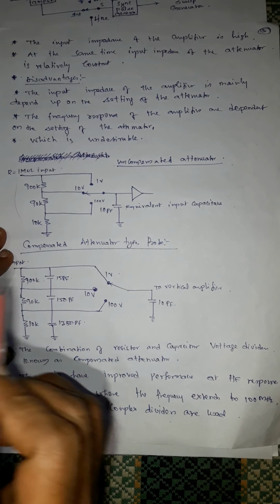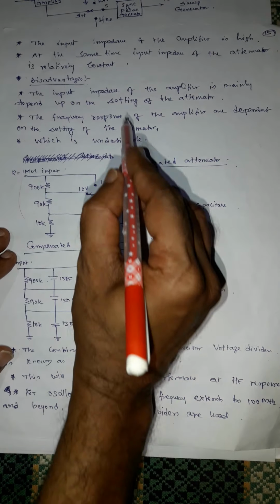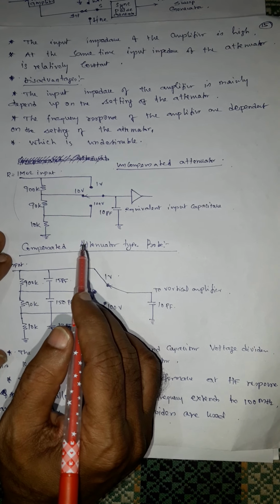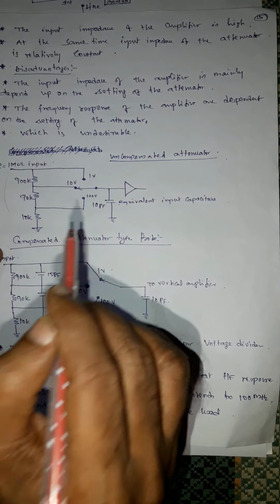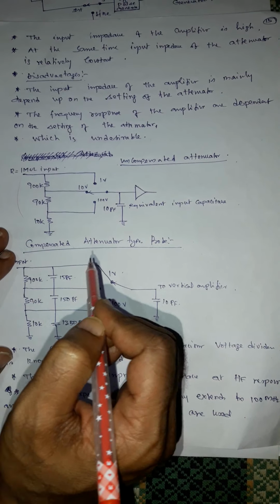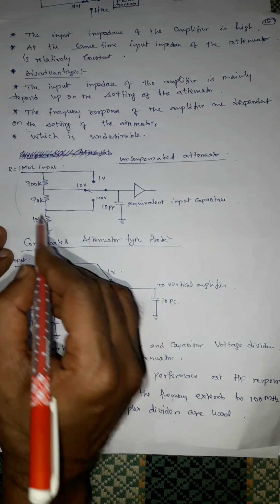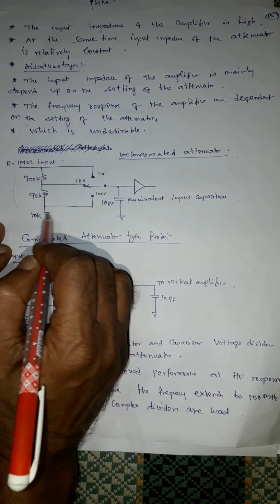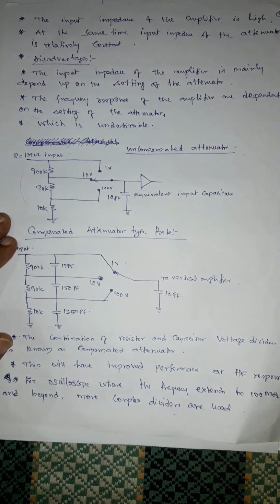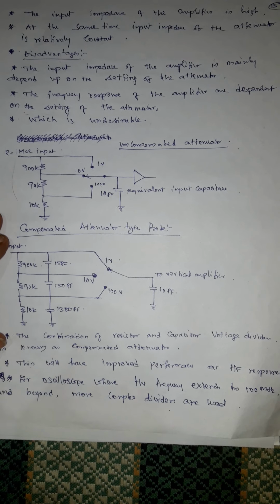The input impedance of the amplifier mainly depends upon the setting of the attenuator, and not only the input impedance but also the frequency response of the amplifier depends on the setting of the attenuator. This setting will affect both the impedance and the frequency response, which is undesirable.